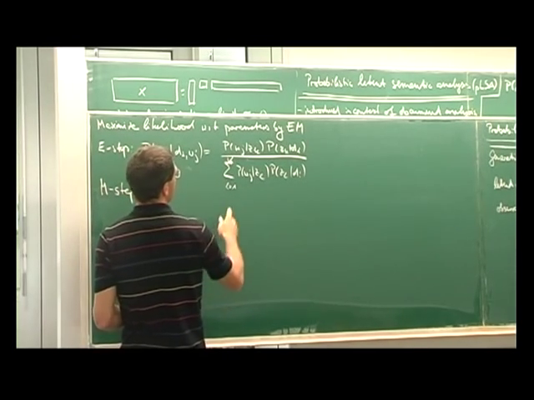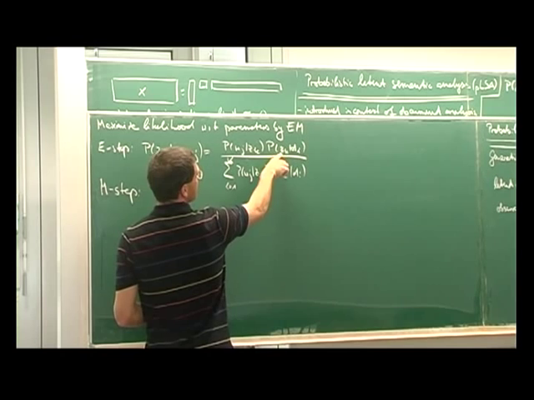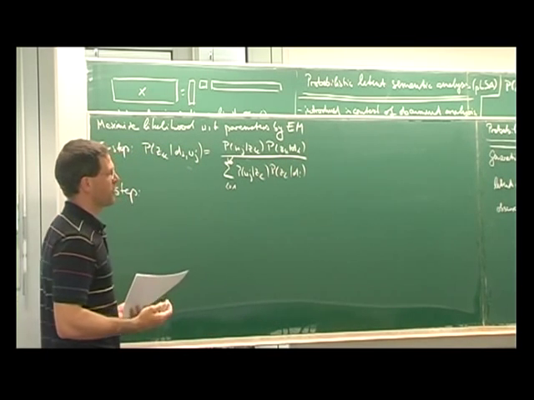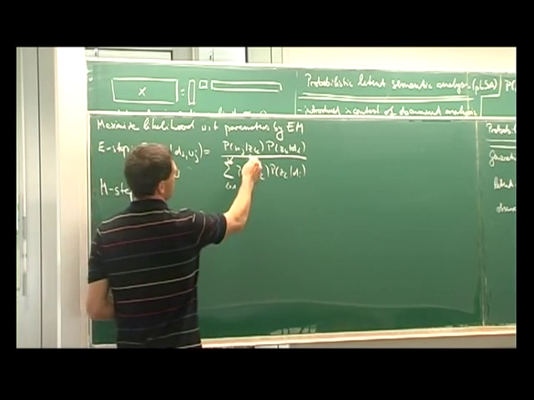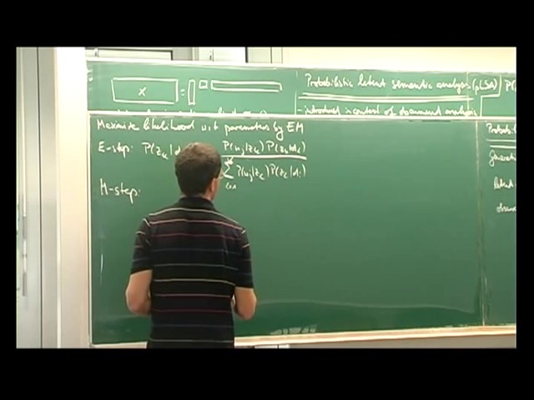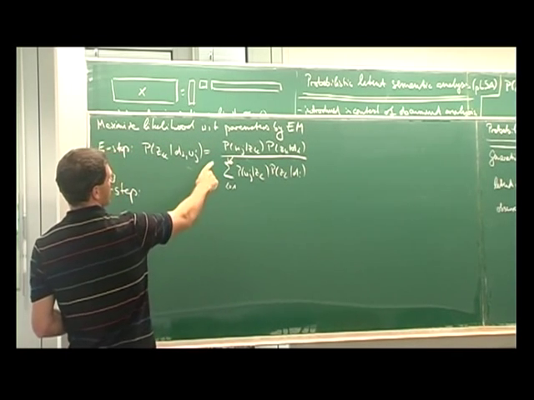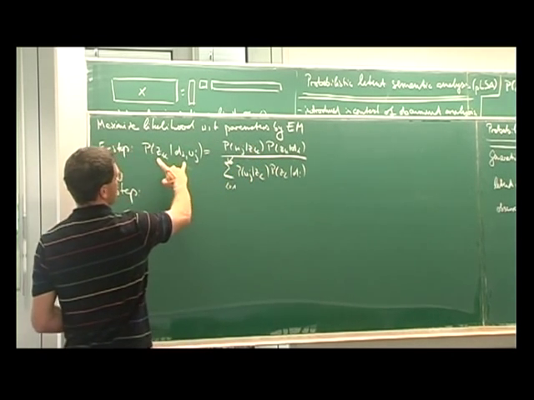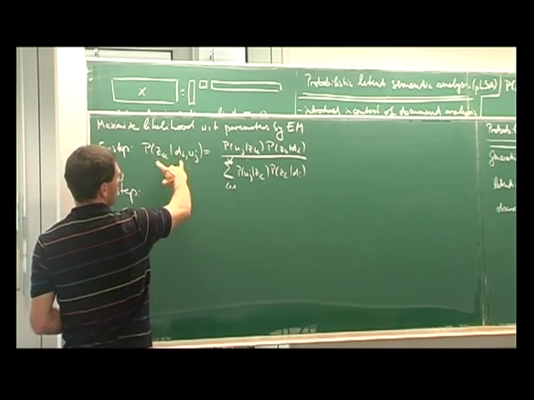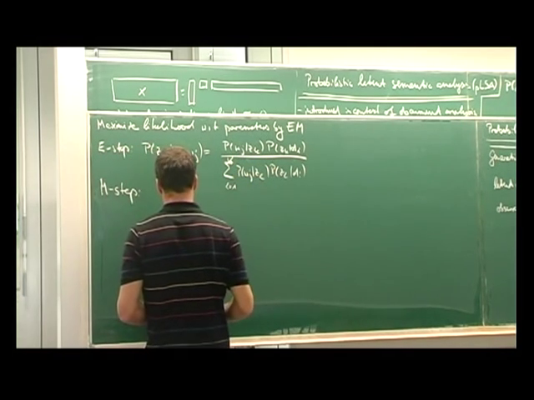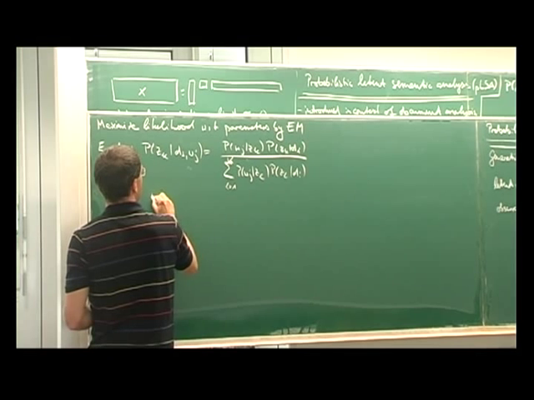And now we need those two entities. In the very first step, you can initialize them with random numbers or with some educated guess. Given these estimates, you come up with this number, and now we're going to use this in turn to estimate those two.